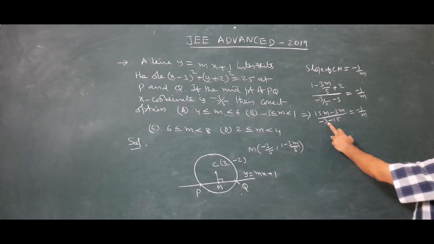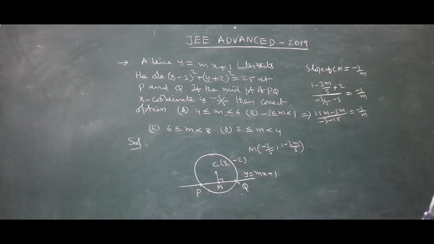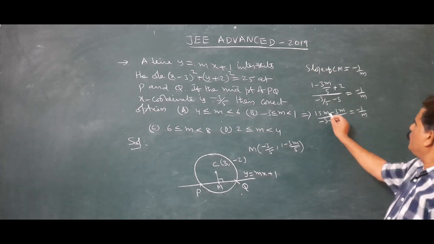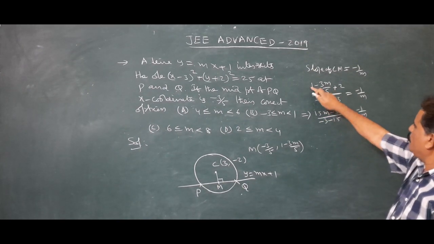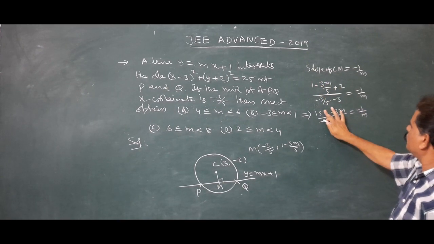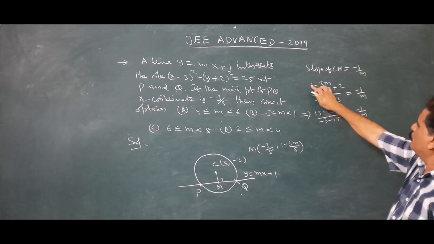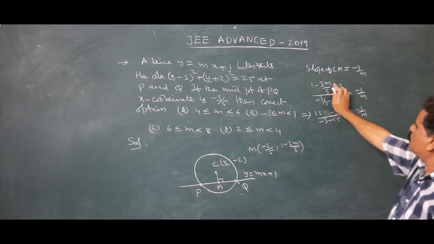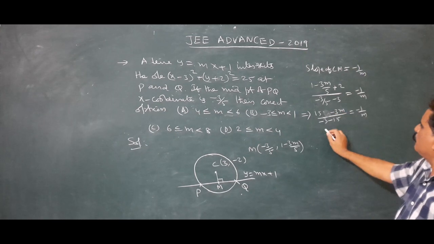Now taking common minus 3 and minus 18, cross multiplication, 15 minus 3m.